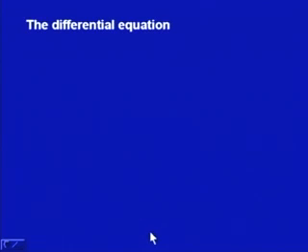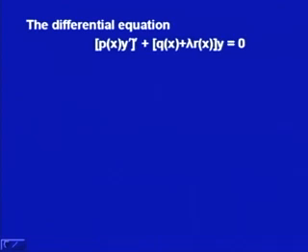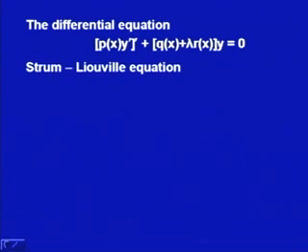This differential equation, (p y')' plus [q(x) plus lambda r(x)] y is equal to 0, is known as the Sturm-Liouville equation. So, the Sturm-Liouville boundary value problem is basically about this equation and the general linear boundary conditions.